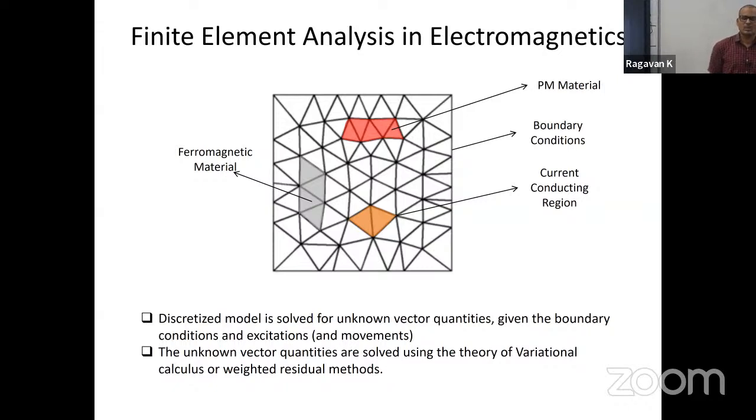There are multiple methods in obtaining this solution. We are essentially interested in getting the value at each of these nodes. You can classify them into two major methods: the variational approach based method, and the weighted residual based method.